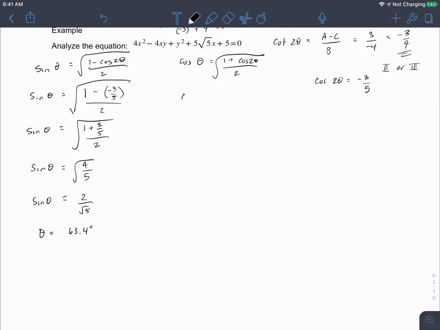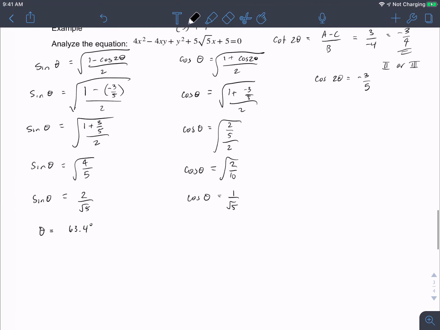Now we need to go find our cosine theta, and so cosine theta is going to be 1 plus a -3 over 5 over 2. And that's going to be 2 over 5 over 2, which cleans up to be 2 over 10, or cosine theta is 1 radical 5.